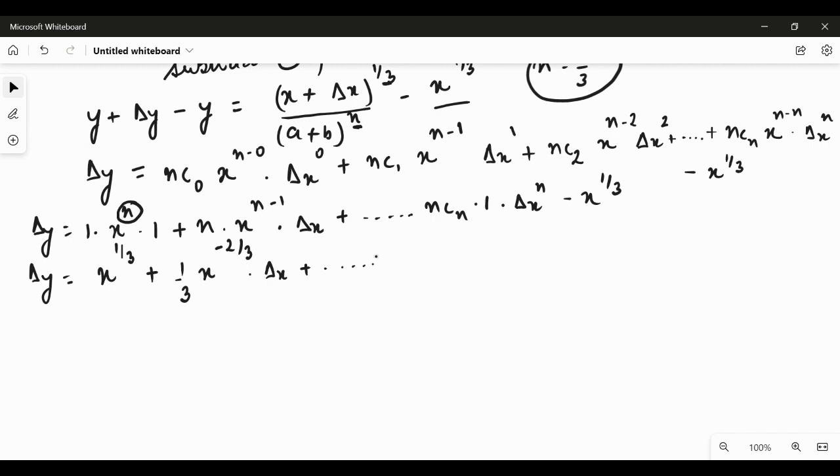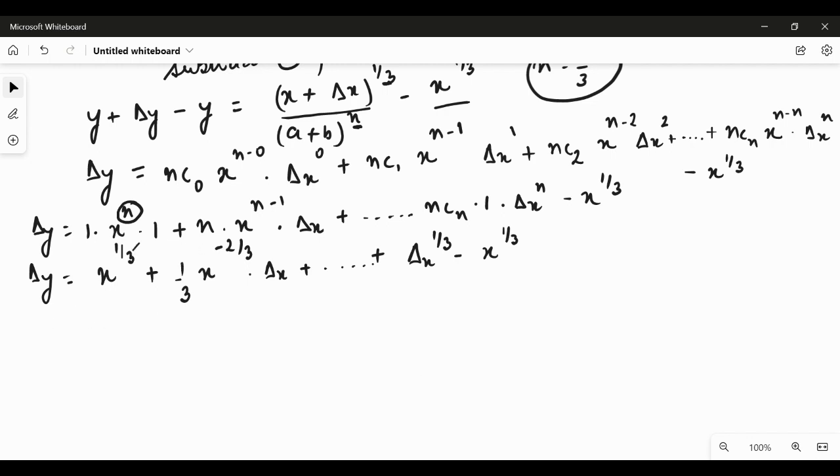Okay. Plus nCn. What is the value of nCn? It is 1 into 1 into Δx^(1/3) minus x^(1/3). Okay.